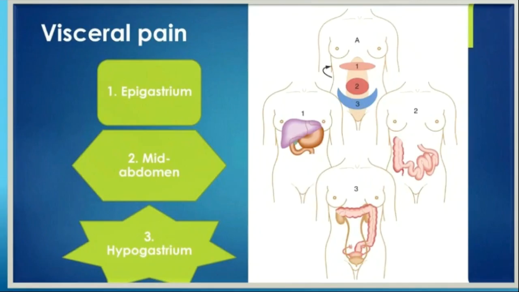The pain arising from the foregut will be represented in the epigastric region. The pain arising from the midgut will be represented in the periumbilical region. And lastly, the hindgut pain will be represented in the suprapubic, or otherwise hypogastric, region. Right? I think this is very important for us to assess the patient when they come with abdominal pain.